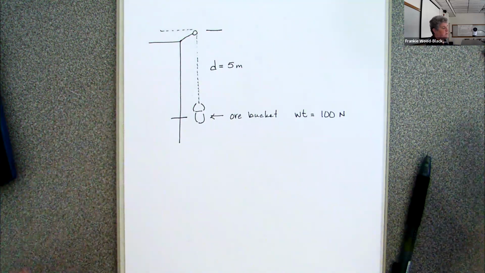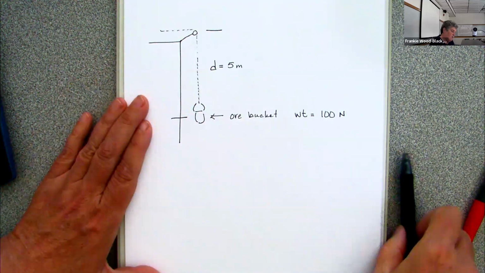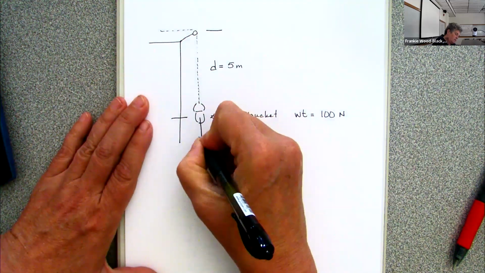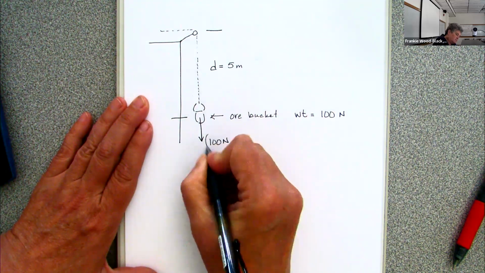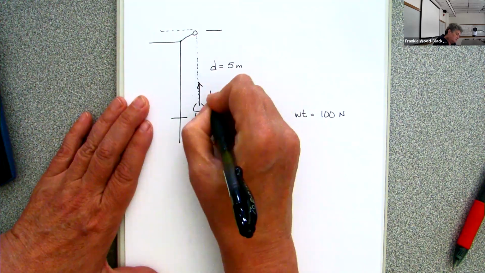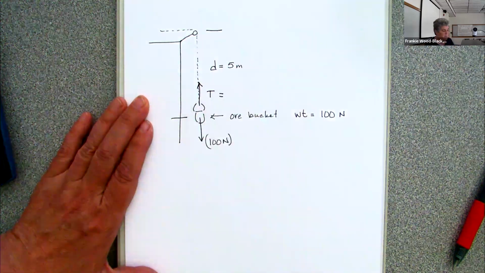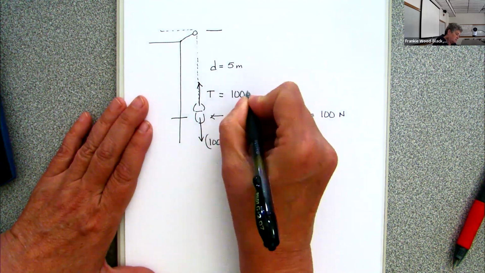So let's look at this problem just a little bit. One of the things that we know is my ore bucket has a weight of 100 newtons. We know we have tension in the rope, and at equilibrium, that tension is going to equal 100 newtons.